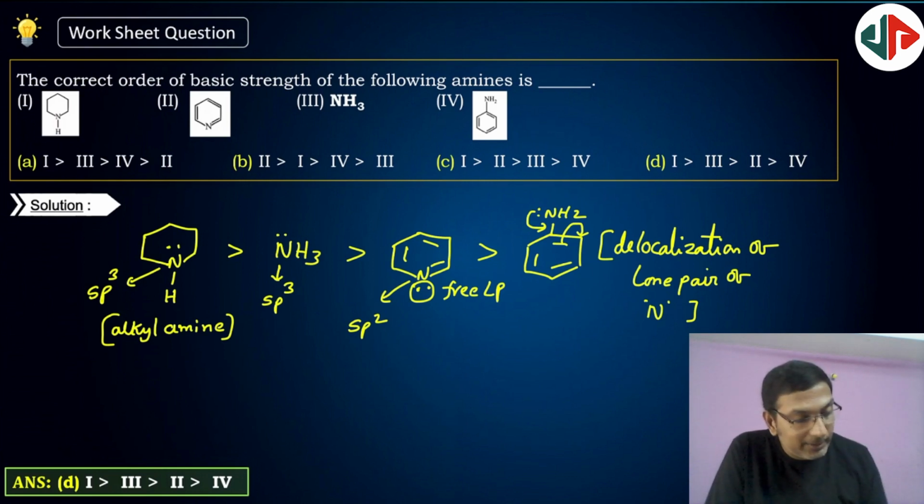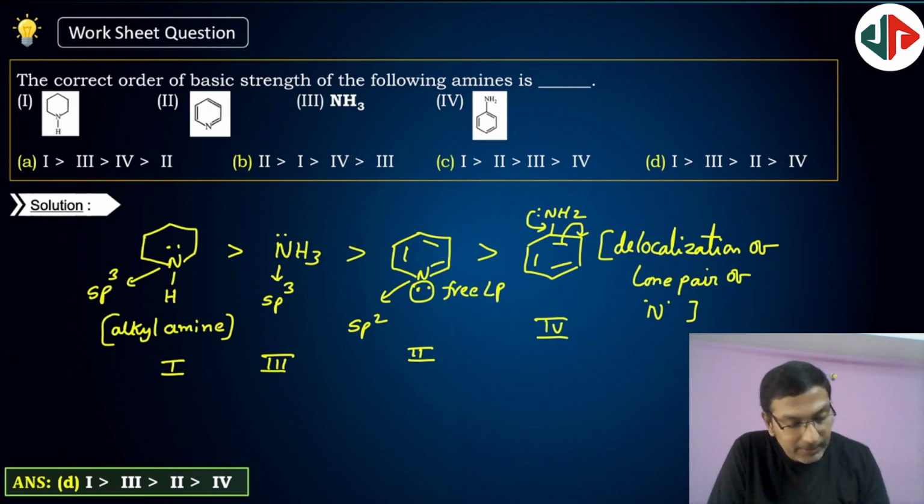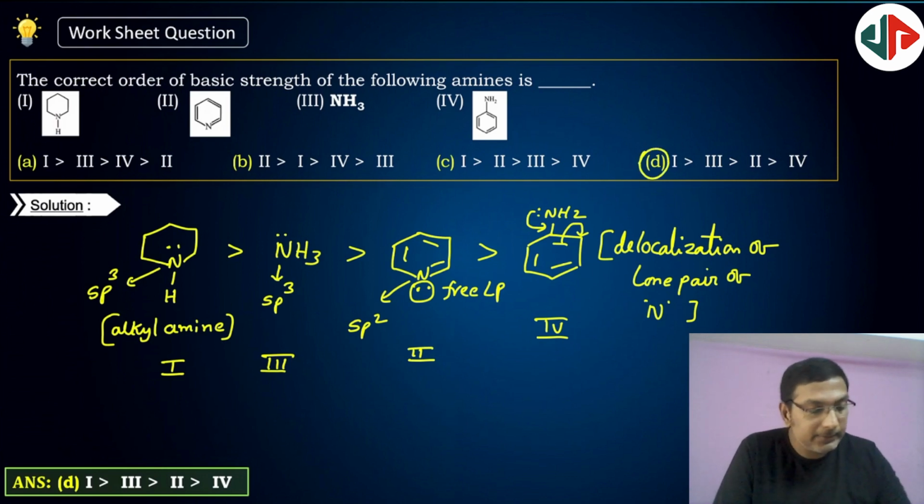So this will be the order. So this is first example. Next this is third example. Next second example and fourth example. If nitrogen is directly attached to benzene ring, delocalization of lone pair takes place, then basic nature decreases. So sp3 nitrogen is more basic than sp2 nitrogen. Remember that point. So option D. Next.